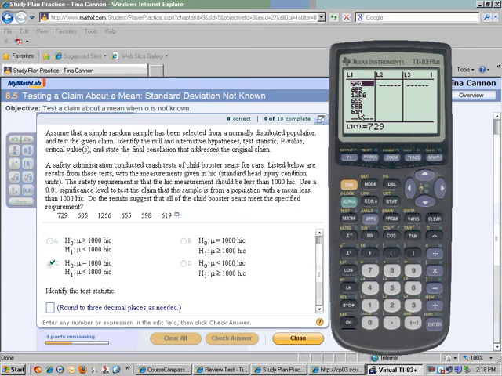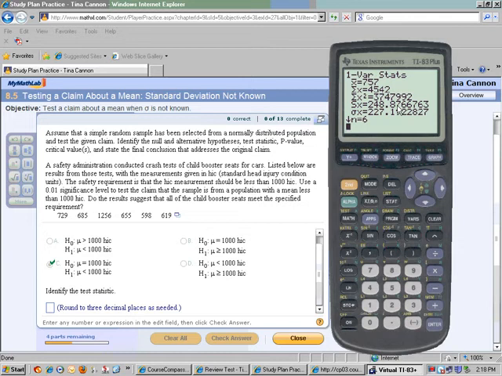To find our mean and standard deviation, remember we learned to do the descriptive statistics. We push stat, move over to calculate, and pick number 1 because it's one variable. If you push enter, we can see that the mean is 757. The standard deviation of the sample is 248.87. These are the values that a lot of times they'll give you in the problem as your statistics, but we were able to put them in the list and find those.